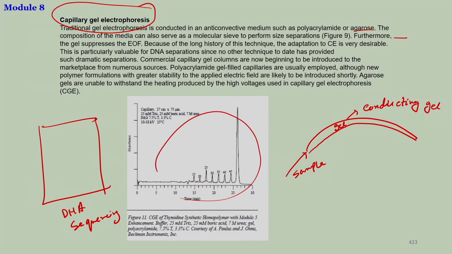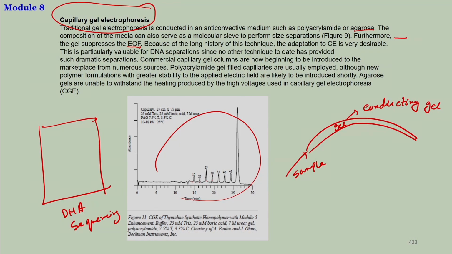Furthermore, the gel suppresses the EOF, electro-osmotic flow, as I was saying. Since the gel has high viscosity, it will retard the free flowing of the samples, the free electro-osmotic flow of the sample would be retarded by the presence of the gel. EOF means electro-osmotic flow.